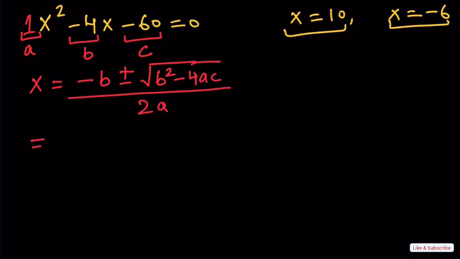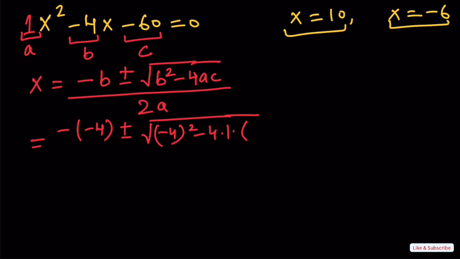Now we'll plug in the corresponding values. The value of b over here is negative 4. Then 4 times a, the value of a is 1. And the value of c is negative 60, right? In the denominator, 2 times a, and the value of a is 1. Negative times negative makes it positive.